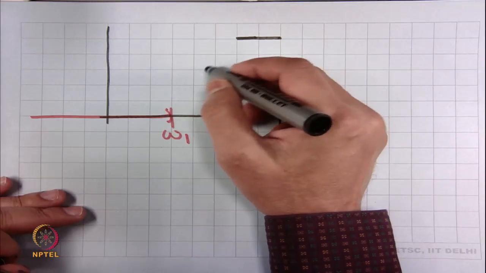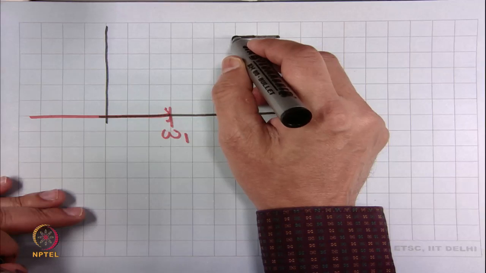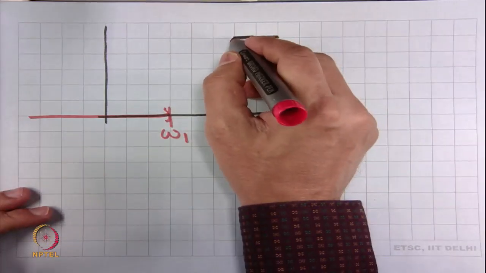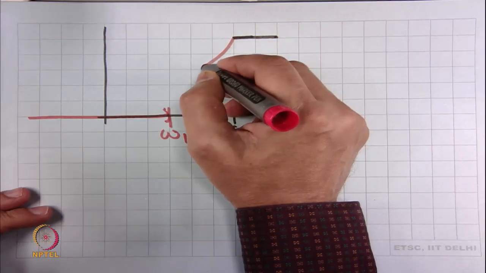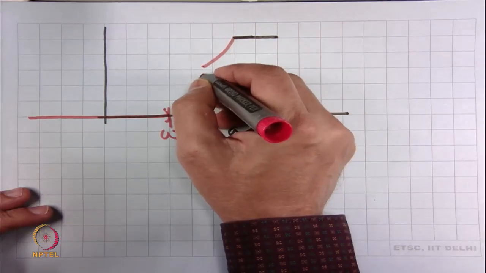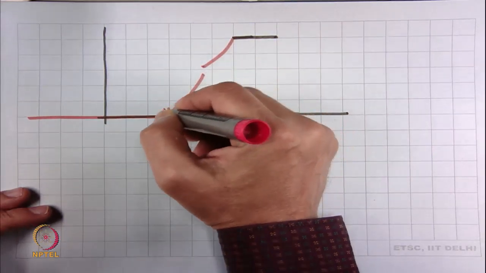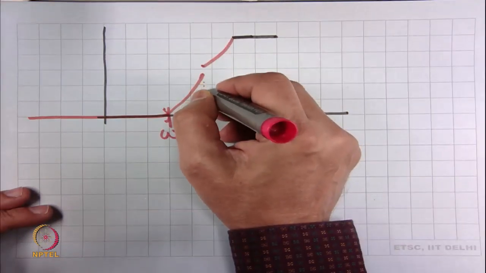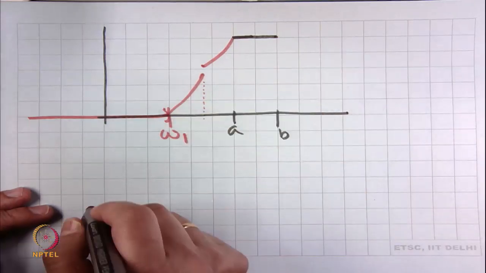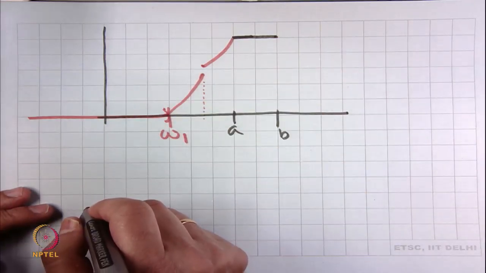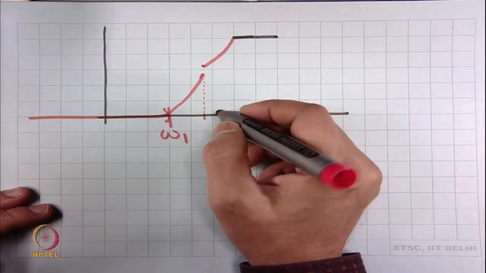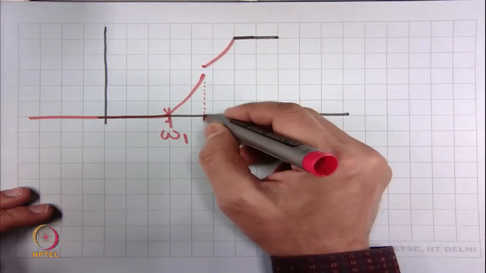There may be discontinuity. Say for example, the function may be something like this, when there is a discontinuity at this point, but in that case the function has to be right continuous.